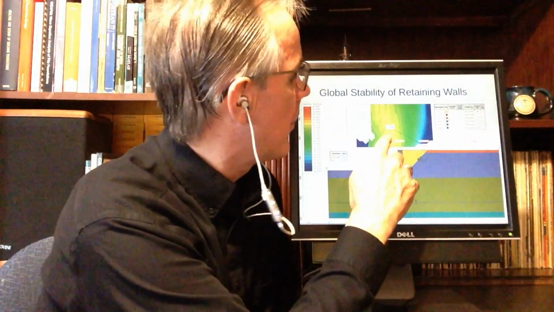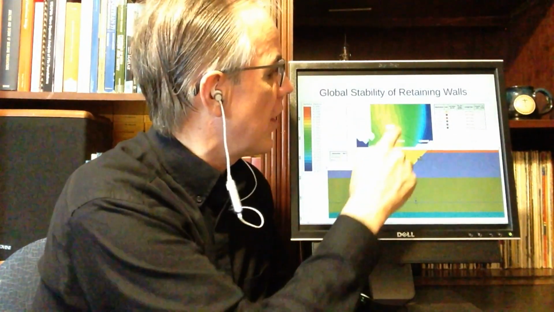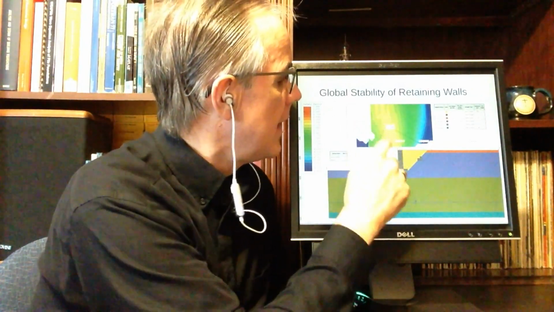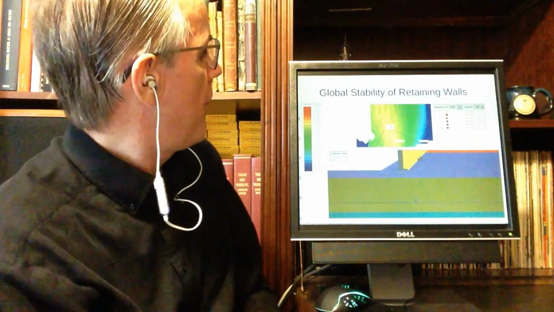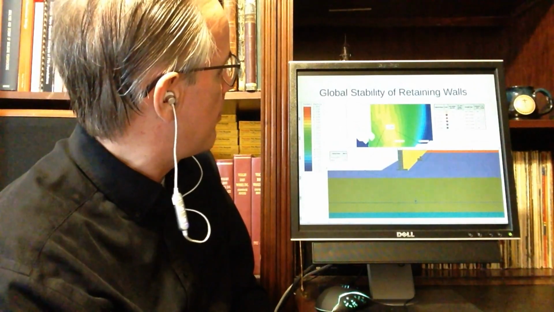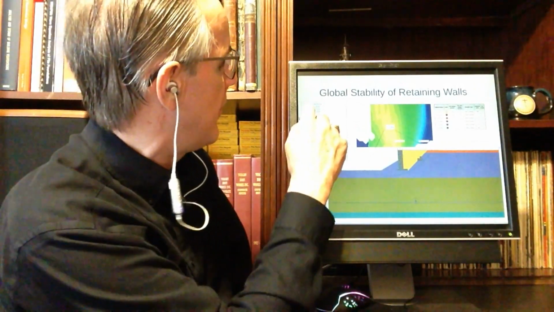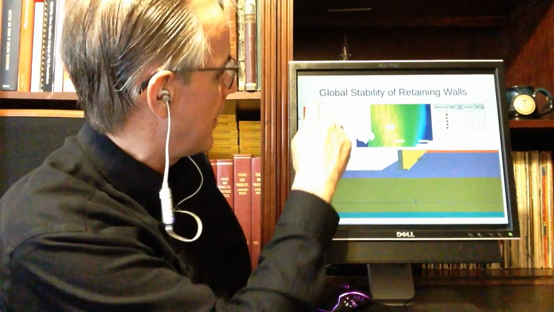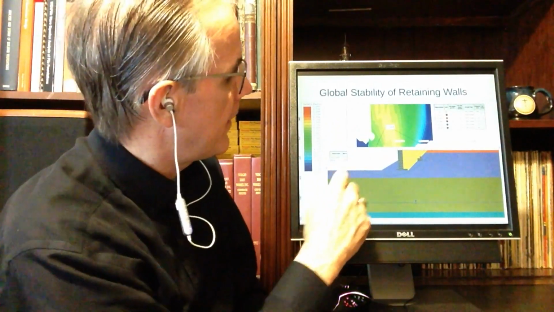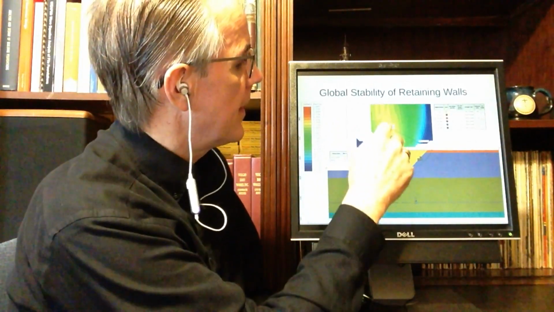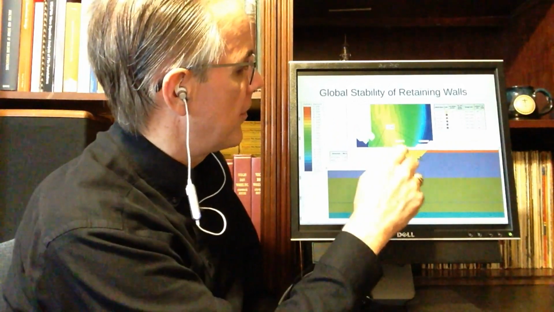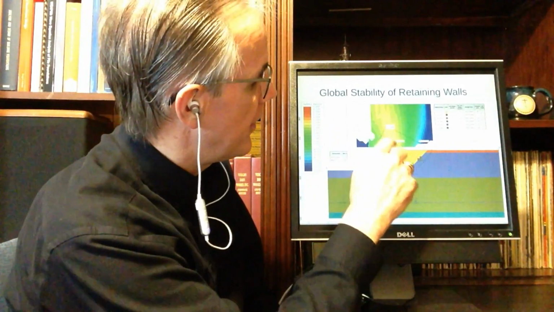But it also, in this case, records all the other ones. So therefore, you have this nice colorized chart where this yellow area is a low factor of safety. And by the way, if it gets below 1, it goes orange and eventually red, where you can see the factors of safety over here. Typical FEA approach. It has the lowest factor of safety, which mercifully is 1.544 in this case.